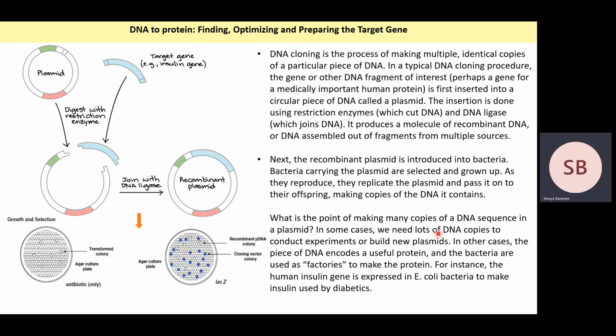This is because sometimes we need lots of DNA to conduct experiments or build new plasmids. In other cases, the DNA encodes a useful protein, and the bacteria can be used as factories to make the protein. For example, human insulin gene is expressed in E. coli bacteria to make insulin, which is used by diabetics.